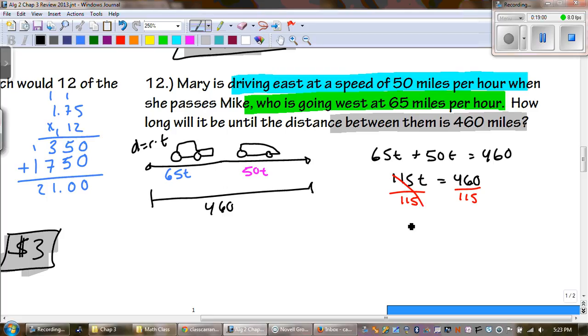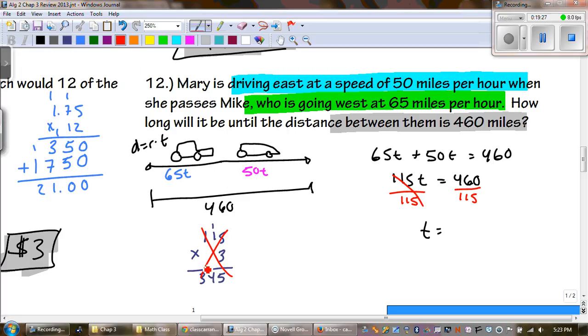Okay, and now to get your answer, well, we have to guess how many times. So I'm going to guess 3. Well, 3 times 5 is 15, carry 1. 3 times 1 is 3 plus 1 is 4.